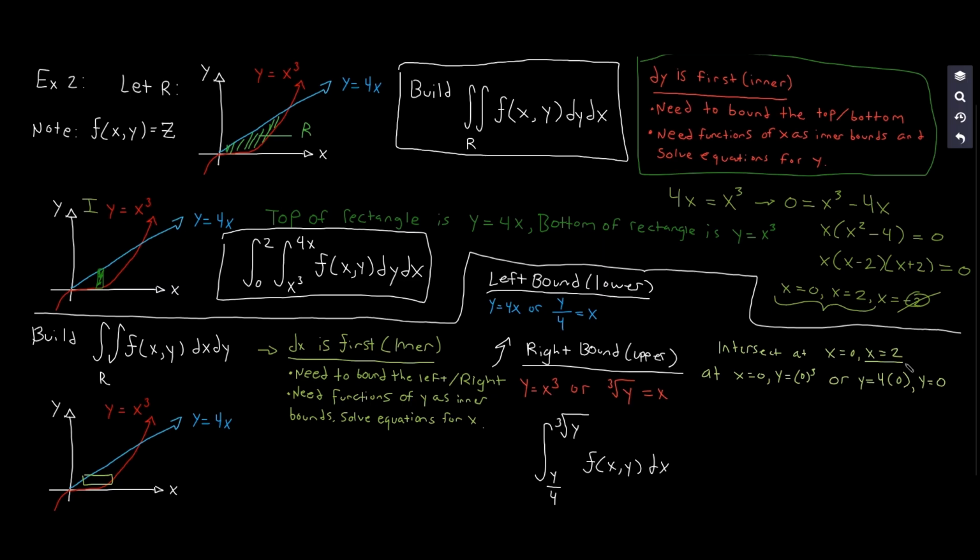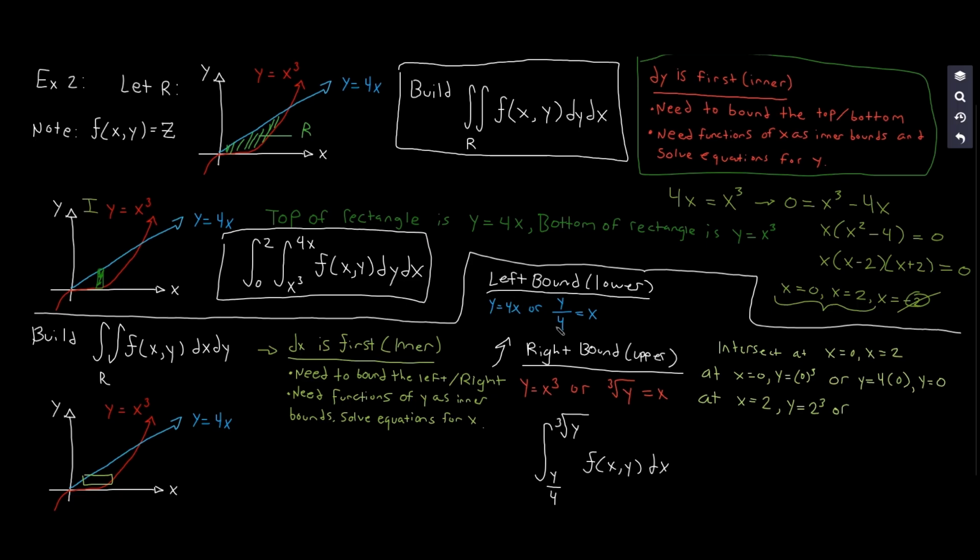What was the other intersection point? x equals 2. So at x equals 2, we get y equals 2 raised to the third. 2 times 2 is 4, times 2 is 8.